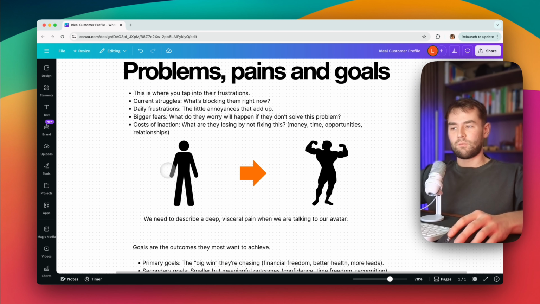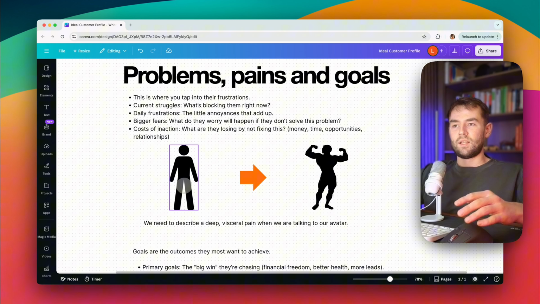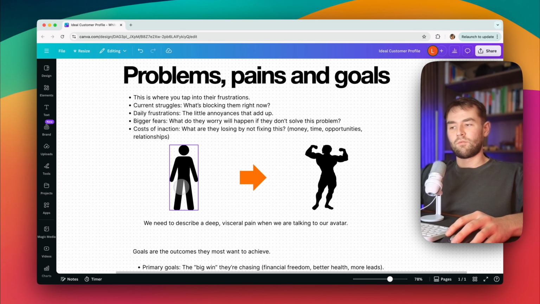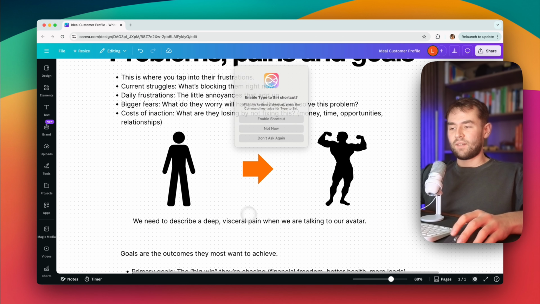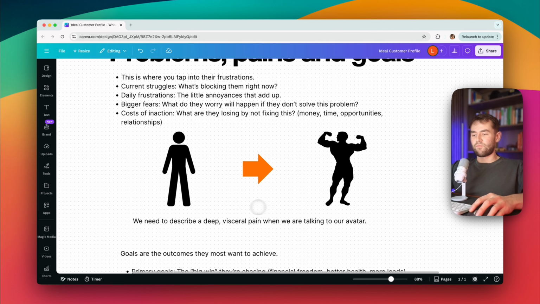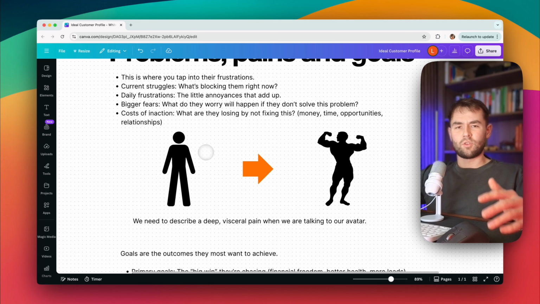Do you feel embarrassed when everyone's going swimming and it's time to take your top off, but everyone is a lot more muscular and you are looking really skinny? That sort of pain and that really deep visceral image that you're painting, which is relatable for that ICP, is going to work so well.